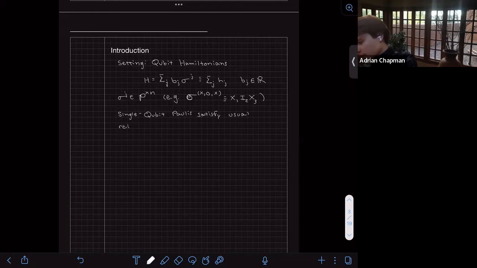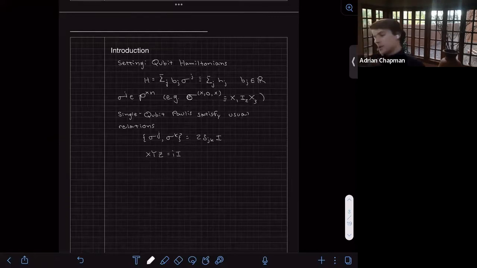The usual relations. And also the one-sided multiplication relation, X times Y times Z is the identity.